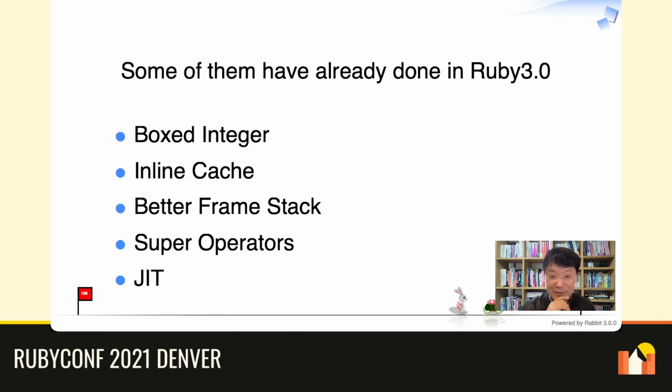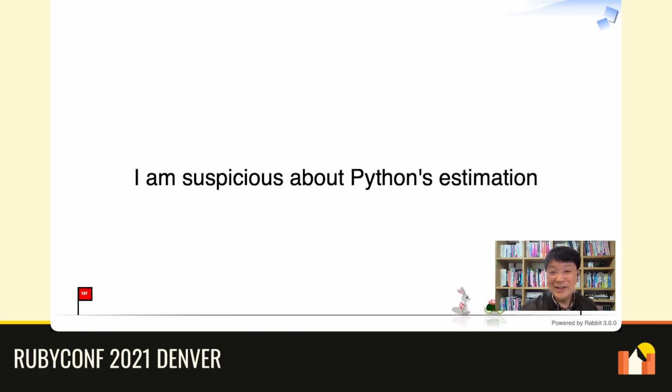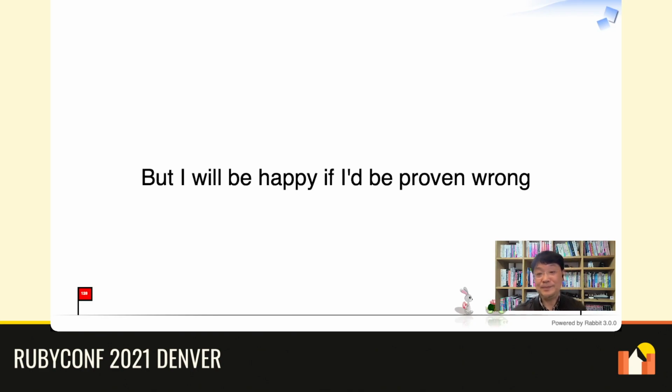But I don't think current Ruby is 5 times faster than the current Python. From that fact, I am suspicious about the Python estimations. But I would be happy if I'd be proven wrong.